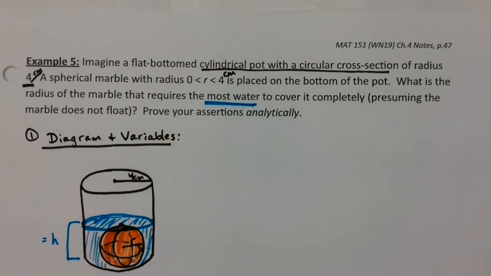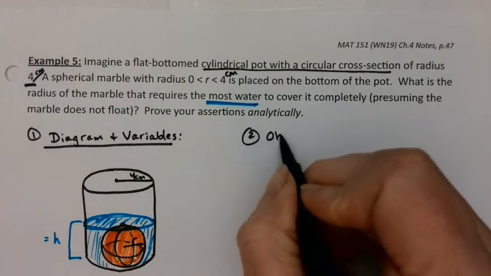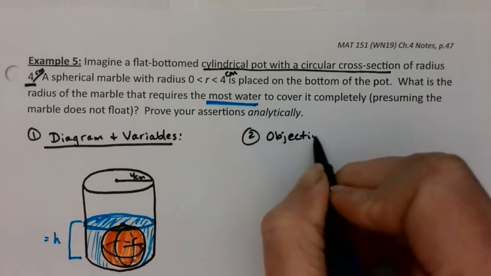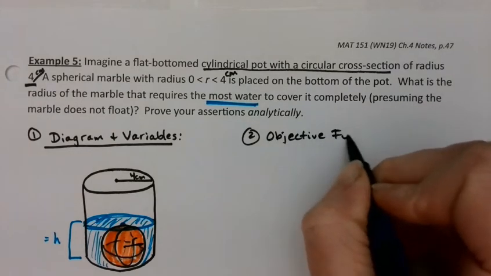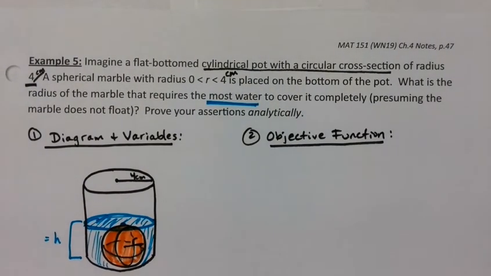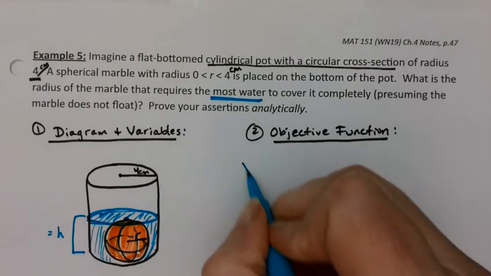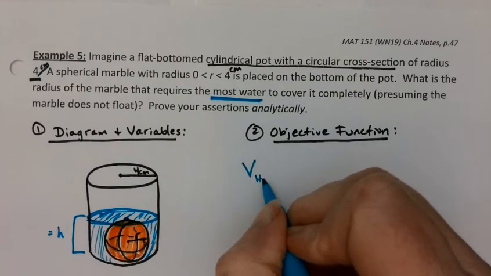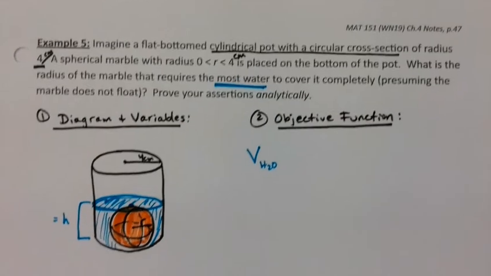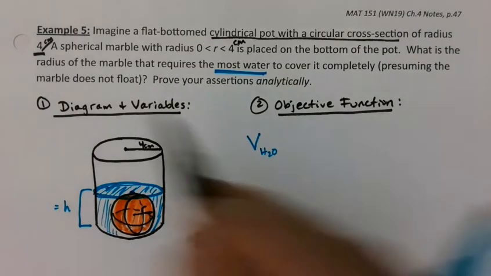That's volume. So when I'm thinking about my objective function, the objective function would be the volume of the water, right? So I want to maximize the volume of the water that it would take to cover this marble completely. Okay, so what is that?